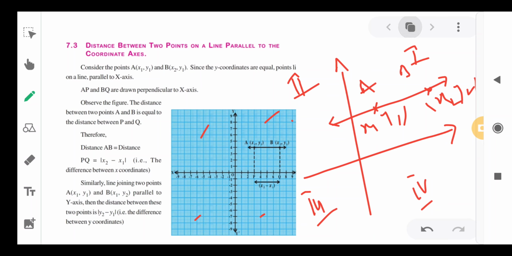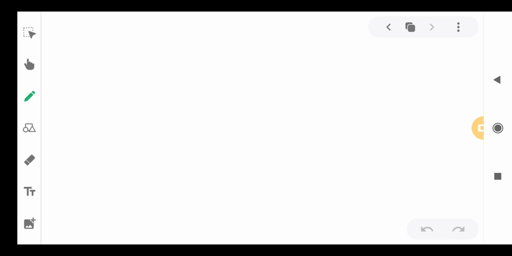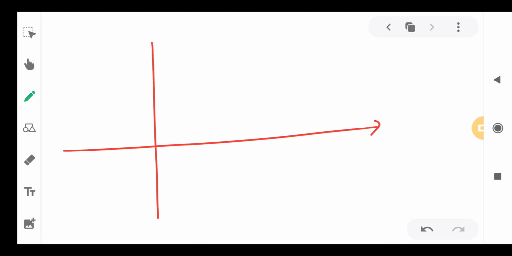Now first we'll see one thing. What is the distance between 2 points on an axis? I have taken this x-axis. You already know that this is 1, this is 2, this is 3, this is 4, this is 5.